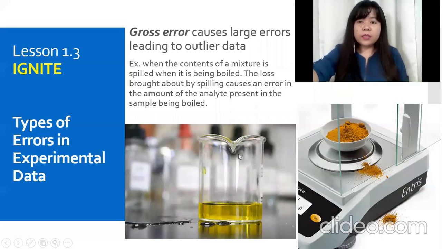These are mostly errors by external factors or caused by the experimenter himself or herself, like when the contents of a mixture is spilled, or when weighing something and it has spilled. Or let's say if an insect gets into your sample container.